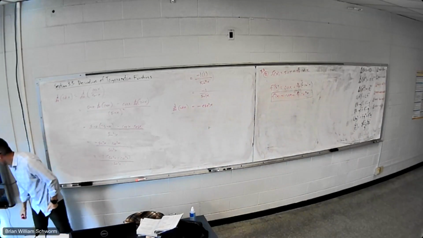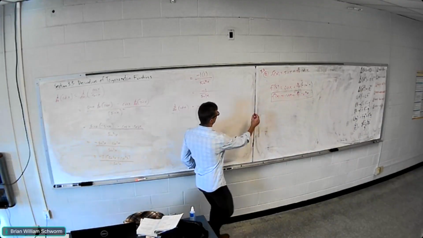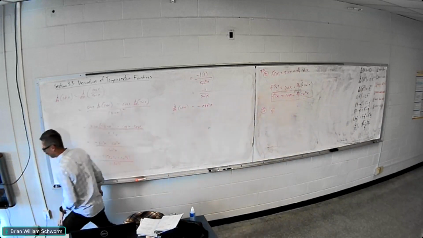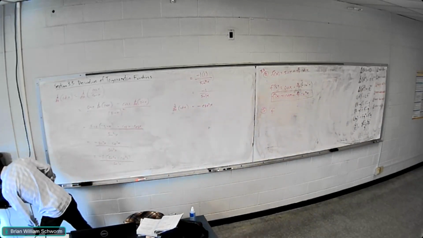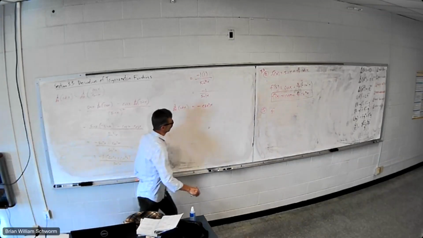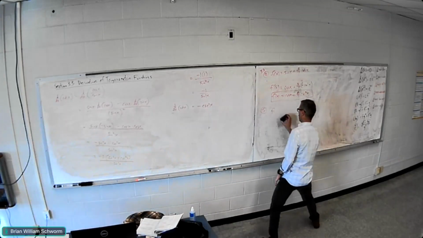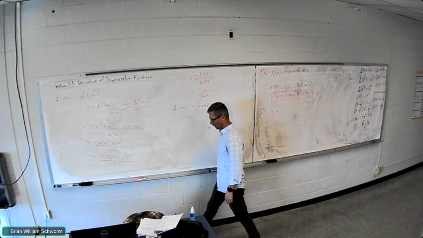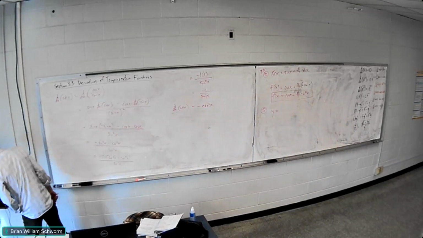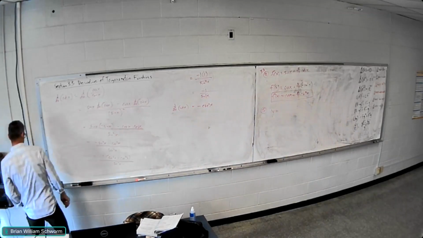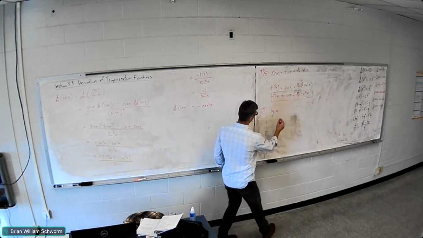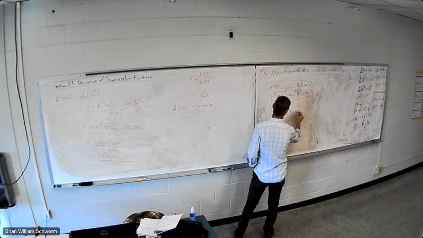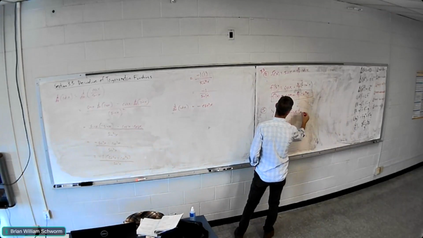Here's, I guess, kind of a nasty one. Number 5. Nasty in that it's got a lot of stuff multiplied together. It says the function is, or they've written y equals 7x squared times sine of x times tangent of x.